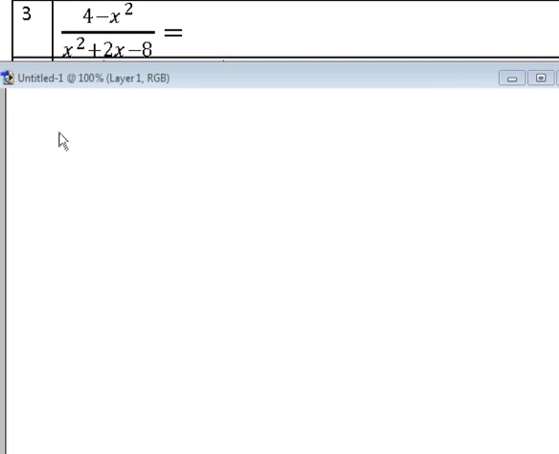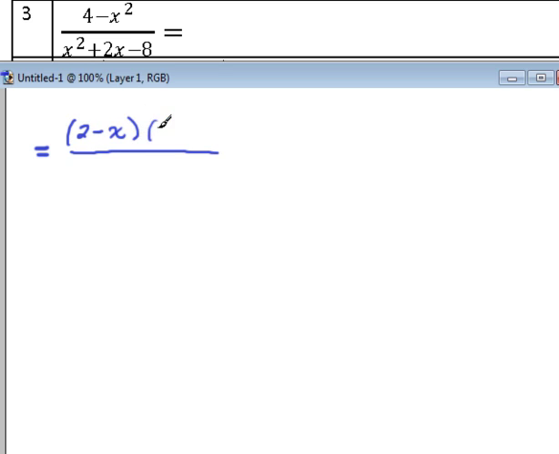In number 3, we're reducing once more. Let's factor that numerator. It's a difference of two squares. So we have 2 minus x times 2 plus x. And now let's do the denominator.